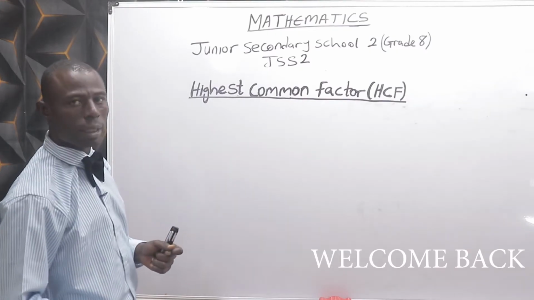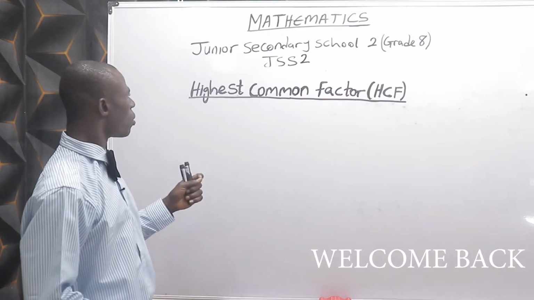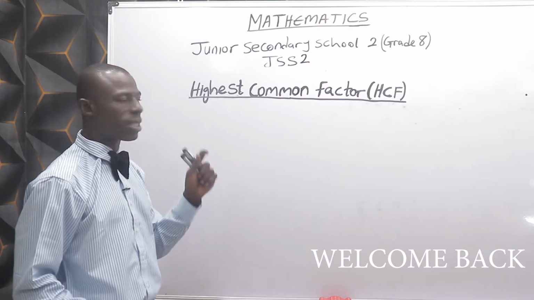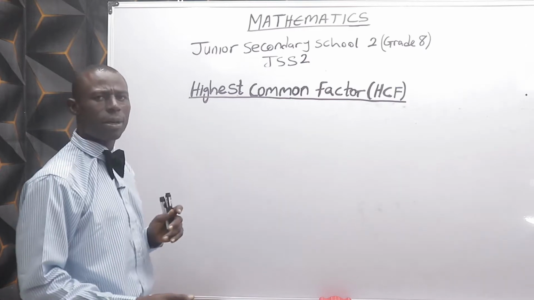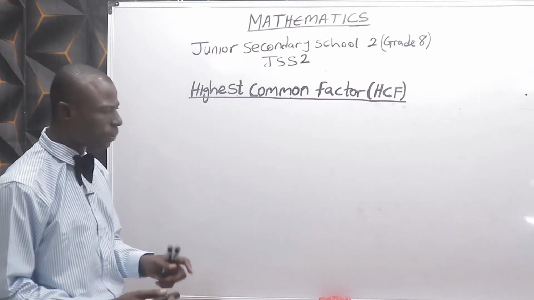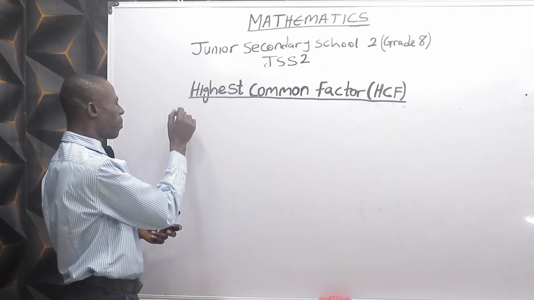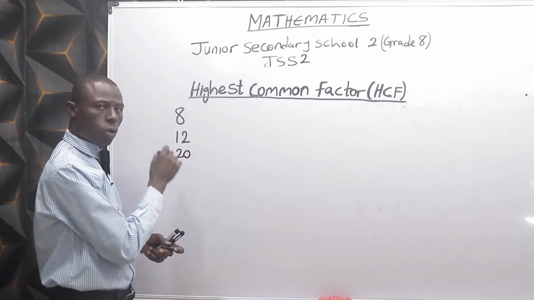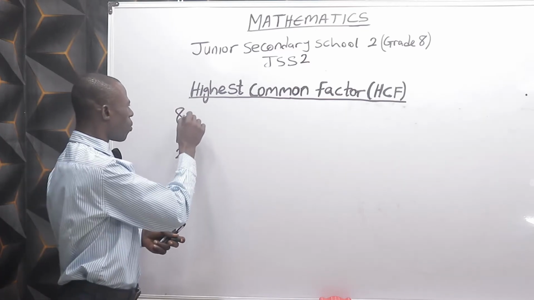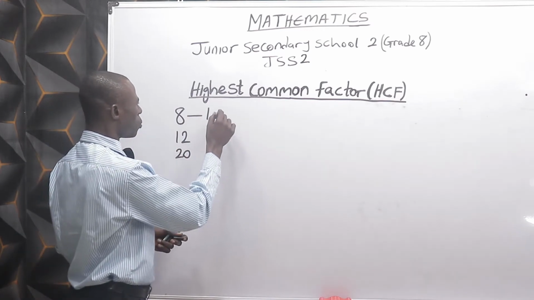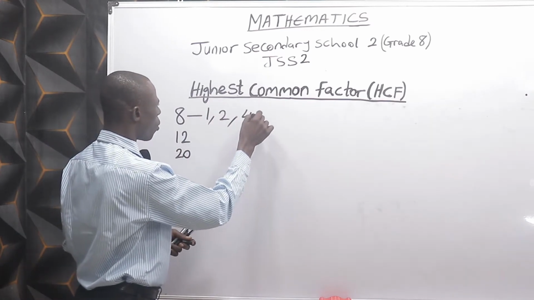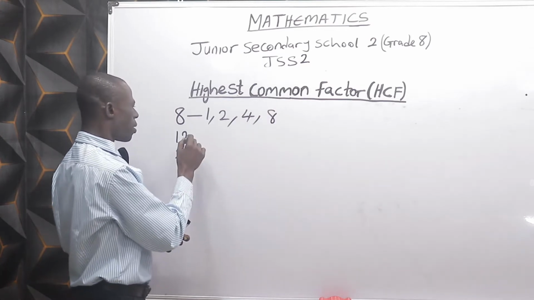Let's come to the next concept, which we call highest common factor, HCF. The idea behind this concept is simple. Let's take numbers like 8, 12, 20. What are the factors of 8? 1, 2, 4, 8.